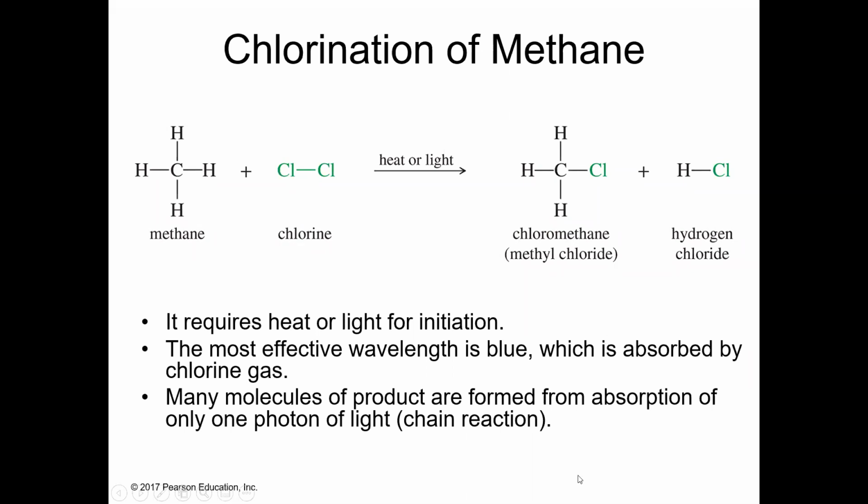One of the chlorines replaces a hydrogen on methane, and the two products are chloromethane and hydrogen chloride gas. Many molecules of product are formed from the absorption of only one photon of light. So this is a chain reaction.